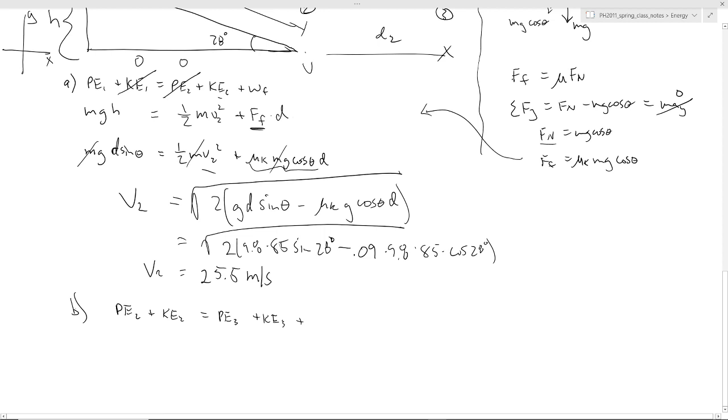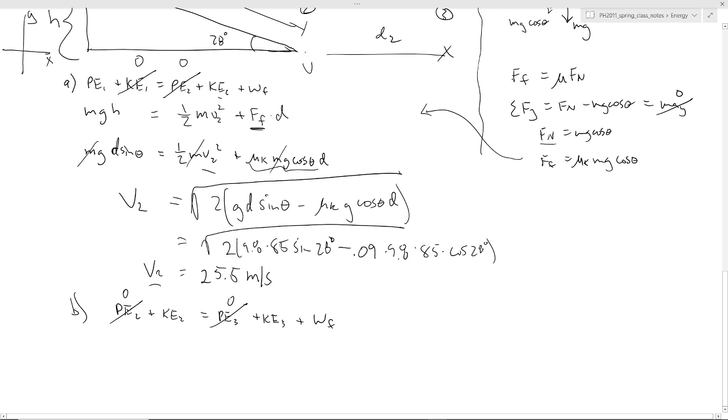So there's still friction. There's still going to be work that's done by non-conservative forces. If we're on the level where y equals 0, there will be no potential energy at 2 or at 3. He has kinetic energy because he has this velocity at 2.